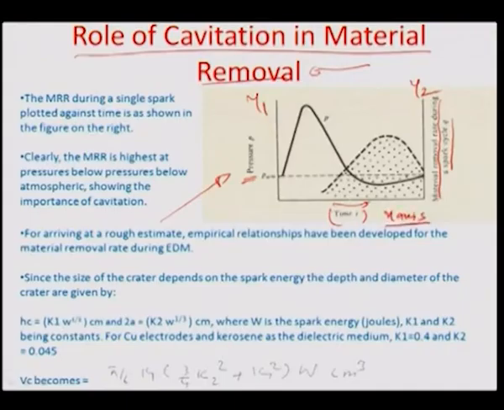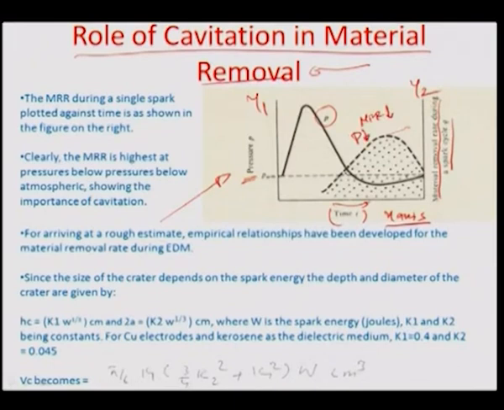And a very interesting thing comes into picture. If we look at the way that the pressure is varying on the top of the material and the way that MRR is varying, you can really see that the MRR is highest when the pressure that the medium would generate onto the surface in question is the lowest.